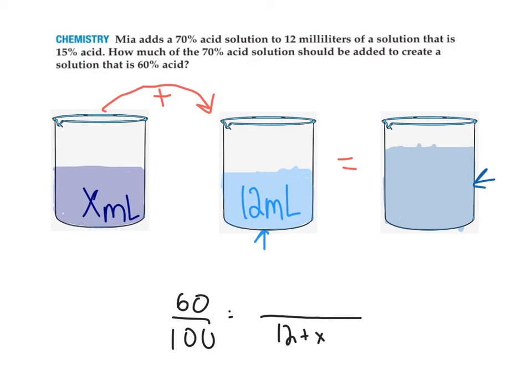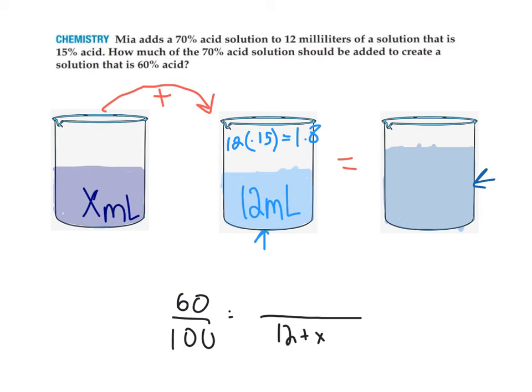If 15% of the 12 milliliters was acid, we can figure out how much acid was in it by simply doing 12 milliliters times 15%, which is 0.15. And 12 times 0.15 will give us 1.8. So 1.8 milliliters of that particular solution was acid.